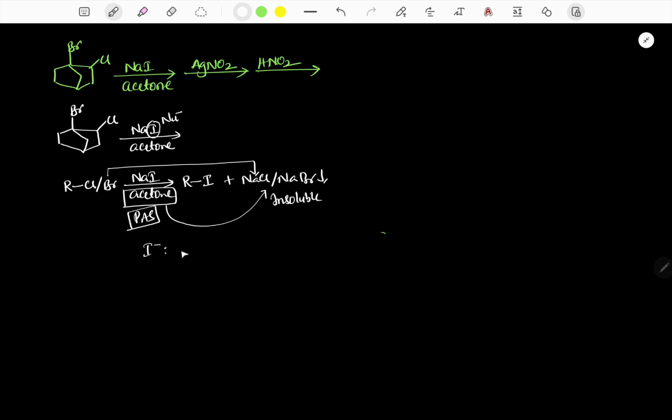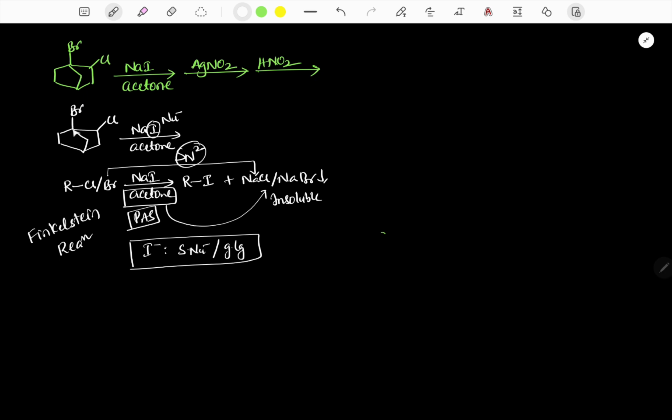I minus is a strong nucleophile and as well as it is also a good leaving group. So this reaction is known as Finkelstein reaction, and Finkelstein reaction is simply SN2 reaction.